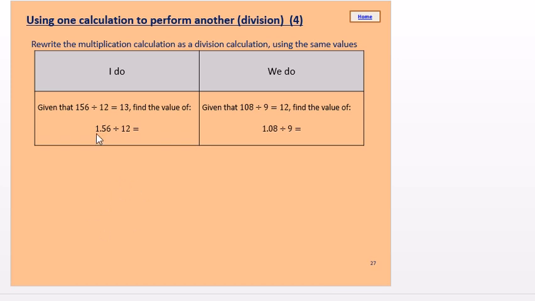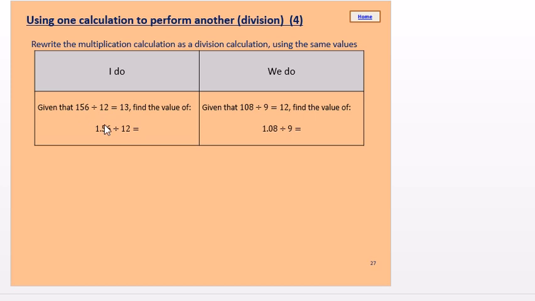So, we've got to look at this calculation compared to our first one. First one says 156 divided by 12 equals 13. This one says 1.56 divided by 12, and we have to work out what it equals. Now look at the 12. The 12 is the same.